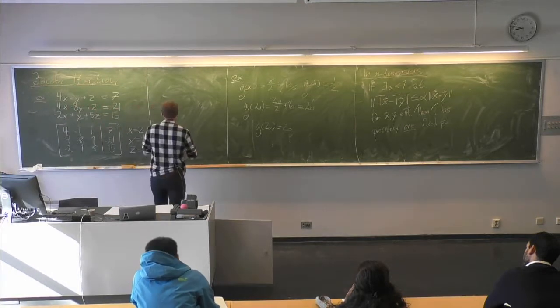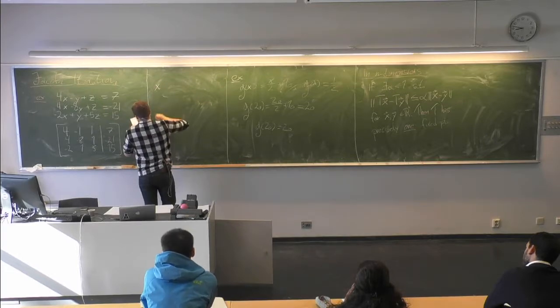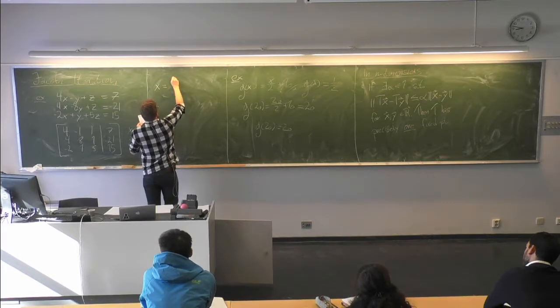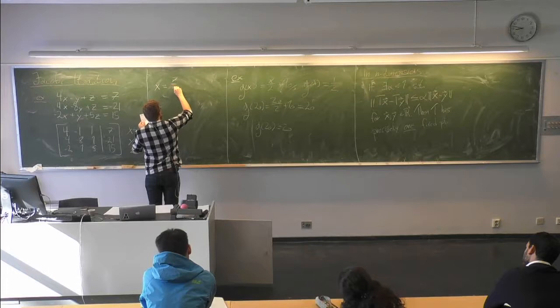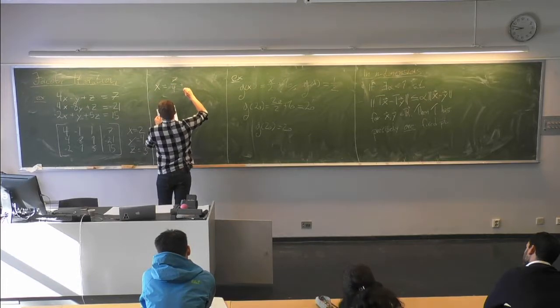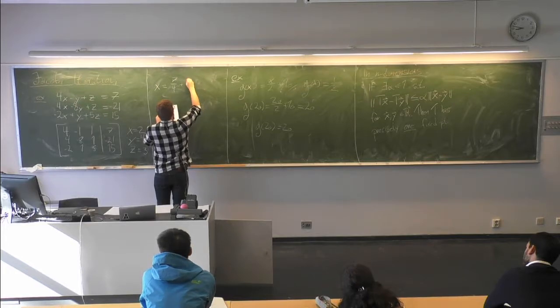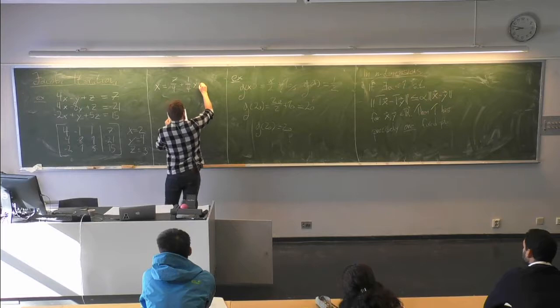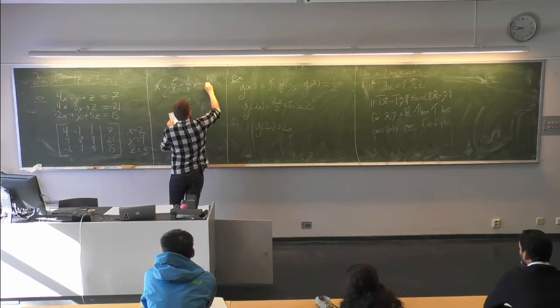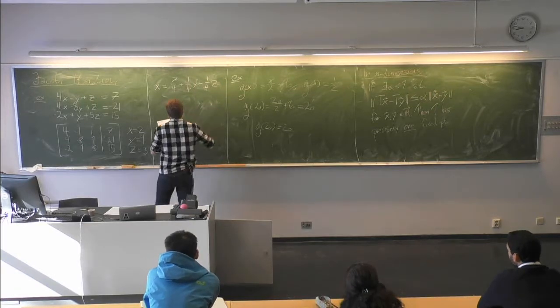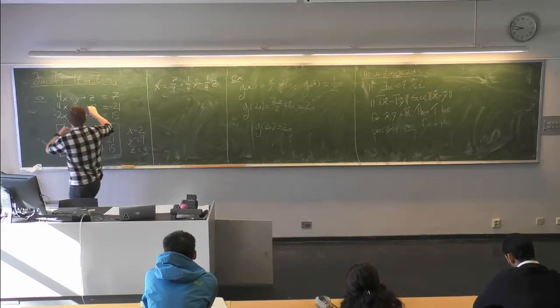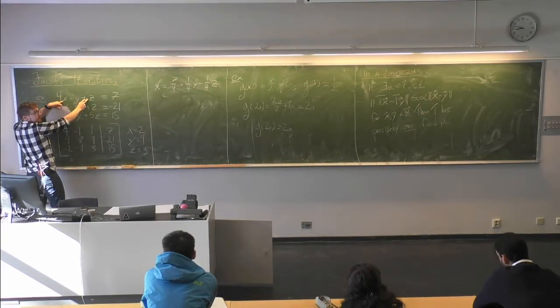Well, x equals 7/4 plus 1/4 y minus 1/4 z. I've just rewritten the first equation.